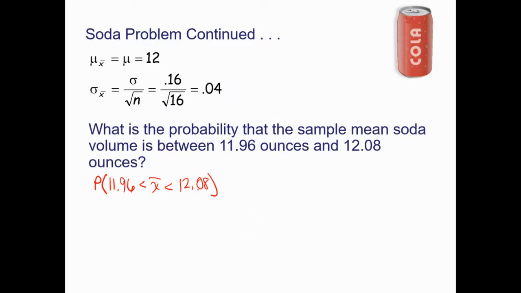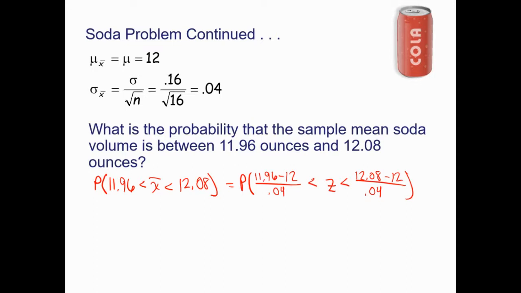Standardize, good. I'm going to find the probability that 11.96 minus 12 divided by 0.04 is less than z, which is less than 12.08 minus 12 divided by 0.04. So what's my lower z going to be?